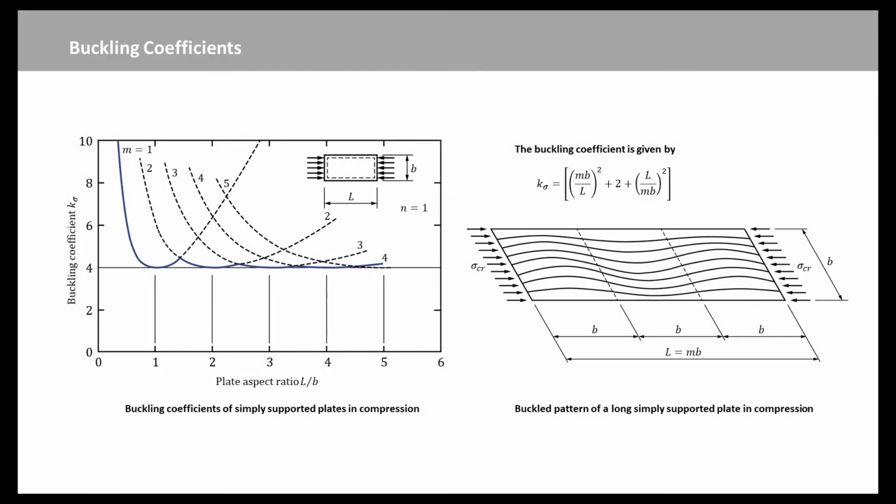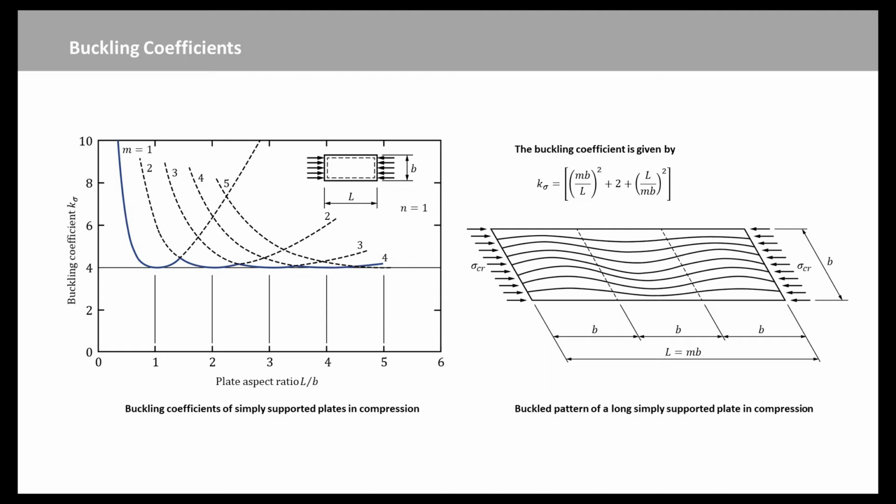The variation of the buckling coefficient K sigma with the aspect ratio L over B of the plate and the number of half waves M along the plate is shown in this figure. It can be seen that the minimum value of K sigma is 4, and that this occurs whenever the buckles are square, M times B over L equal to 1.